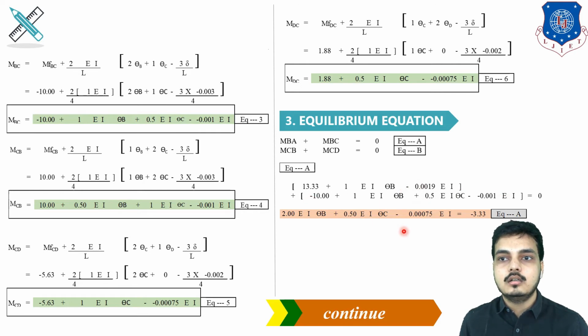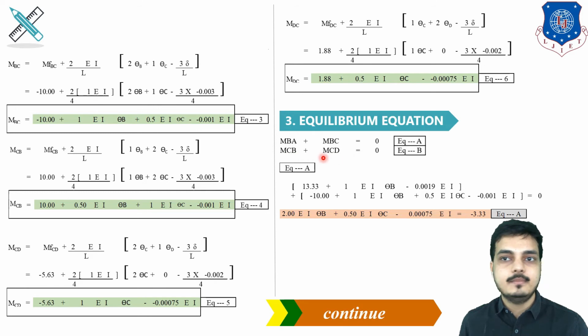Remaining, all the EI values of delta I have summed up over here. And this constant, 13 minus 10, is nothing but 3, and placing it opposite of equals to, it is minus 3. So I will be getting equation A. Nothing I did, just an algebraic sum of MBA plus MBC.